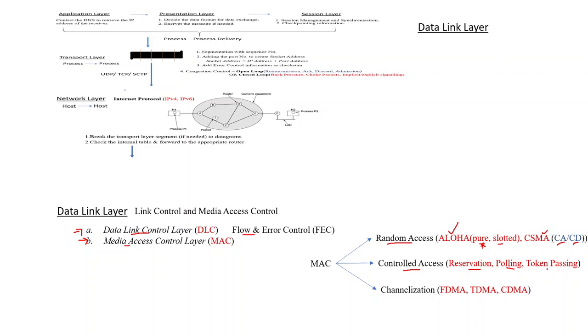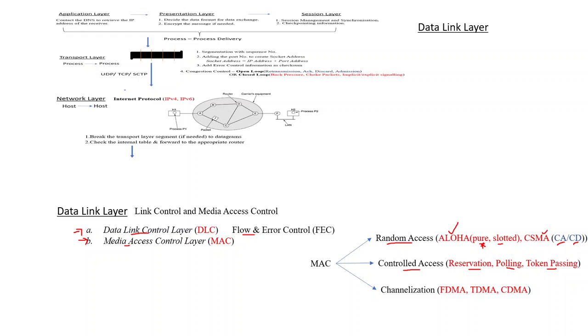And finally, we have a token passing process where one token actually moves around the network, and whenever a station or a device needs to send something, that device grabs this token, sends the message, and after it is done, it releases the token. So if a station manages to grab the token, it knows that none of the stations are actually sending.